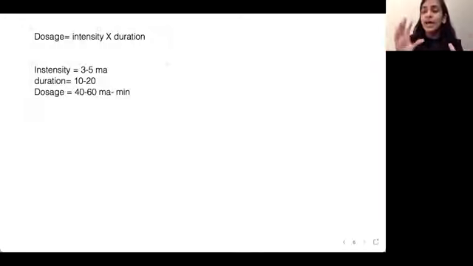To identify the appropriate dosage, you have to do a permutation combination of these numbers. Let's assume I tell you that a person has an intensity of 4, what should the duration be?